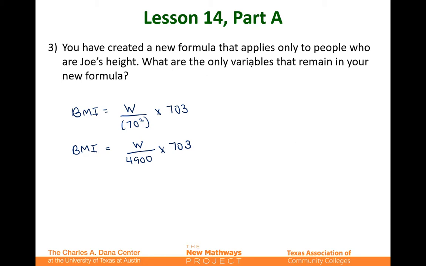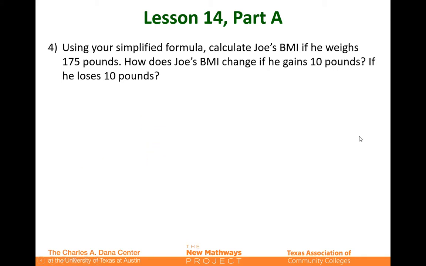So now the only variables are BMI and weight. Your BMI depends on his weight. Using your simplified formula, calculate Joe's BMI if he weighs 175. How does it change if he gains 10 pounds or if he loses 10 pounds?